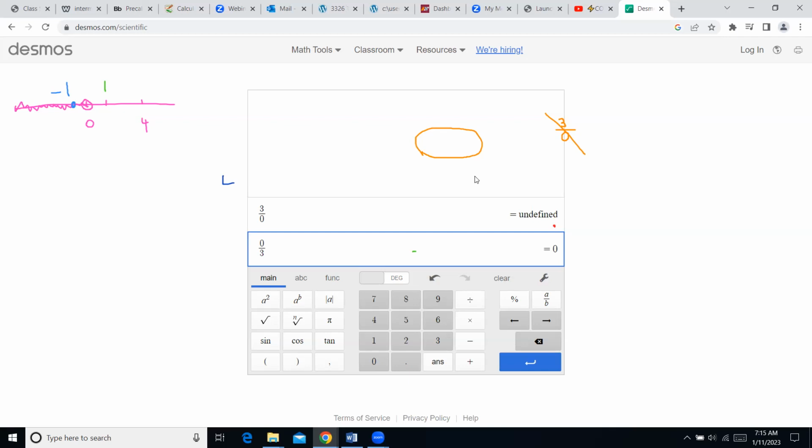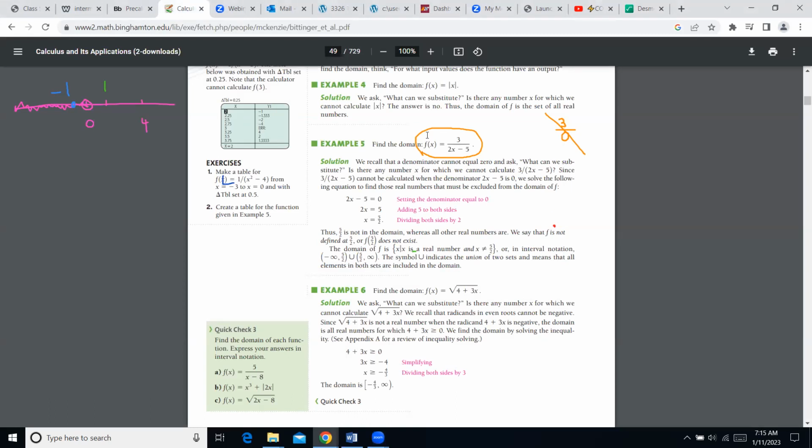So I think it's good to realize, and it's being used when you are talking about domains. So you want to make sure that your denominator is not equal to 0. See, they're looking at the denominator and they say it's not 0. And that's why they throw away 5/2 from the entire number line.